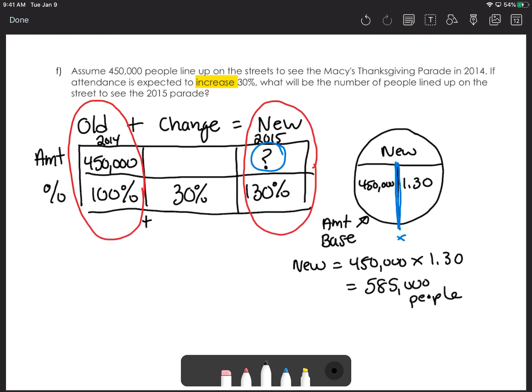So in 2014, there were 450,000 people. Then it increased by 30% the next year, and we have 585,000 people. Now, if I want to figure out the amount of the change, not the percent change, I can just find the difference between the 450,000 and the 585,000 people.